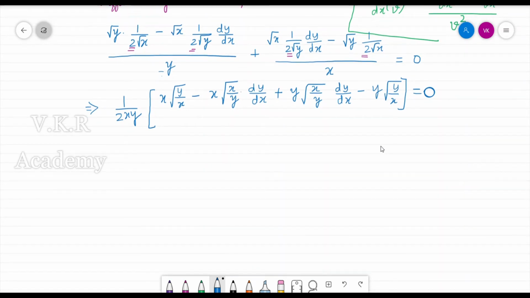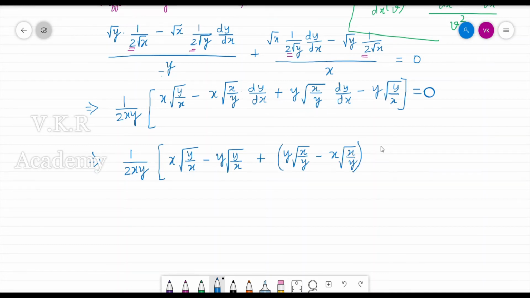independent of dy by dx and the terms involving dy by dx, we get 1 by 2 xy into x into root of y by x minus y into root of y by x plus y into root of x by y minus x into root of x by y into dy by dx is equal to 0.